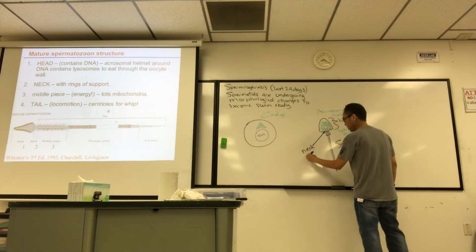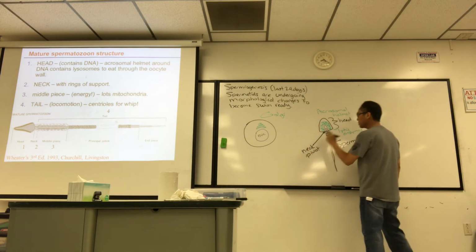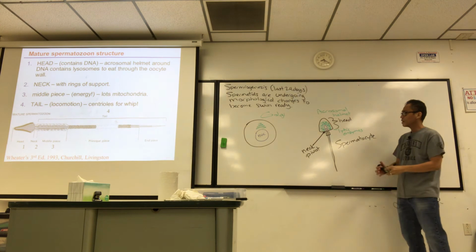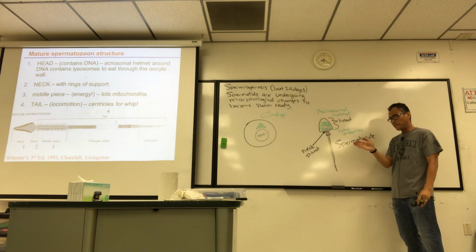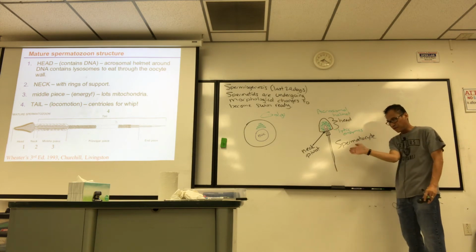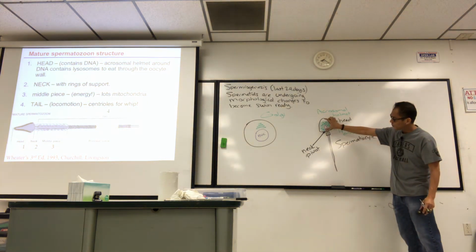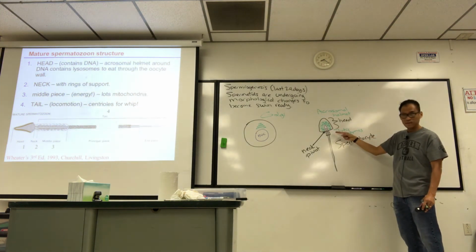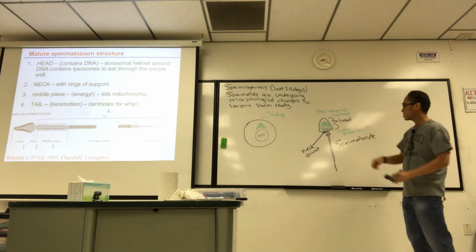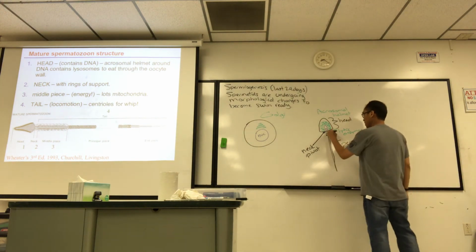The neck can pivot. It's important that it can pivot because you have a rocket-shaped head. When it wants to fuse with the membrane of the oocyte, you want it to turn so it has more surface area that can fuse with the oocyte membrane. So you want that neck to pivot. You got a mid-piece. Here's my mid-piece right there.